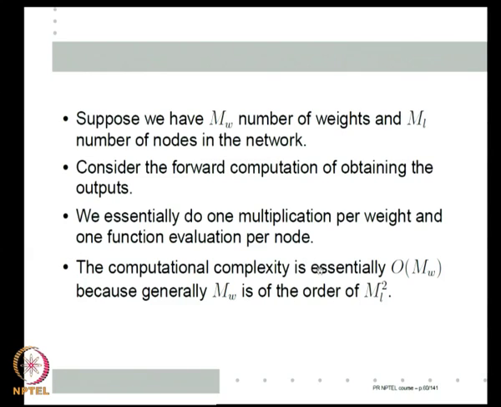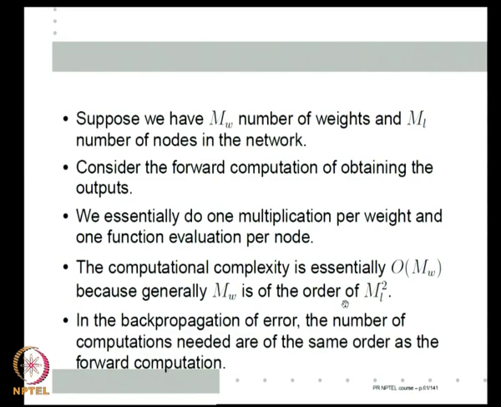So, the forward computation's complexity is essentially order MW. I will do of the same order of multiplications as the number of weights in the network, and that is very reasonable, because to compute outputs each weight participates in a weighted sum computation once. So, the total number of multiplications is of the order of the number of weights. Of course, it is the number of weights plus the number of nodes, but we left out the number of nodes, because the number of weights is an order higher than the number of nodes.